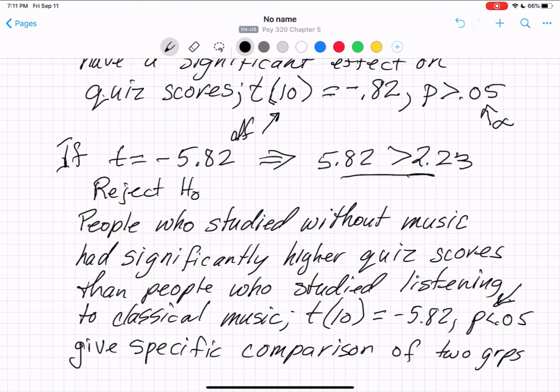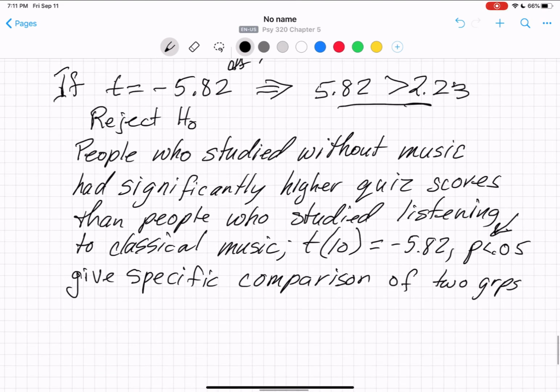Okay? All right, so now let's go back and think about our actual t-value that we calculated, which was negative 0.82. The F value when we did our ANOVA in the last video was 0.66.